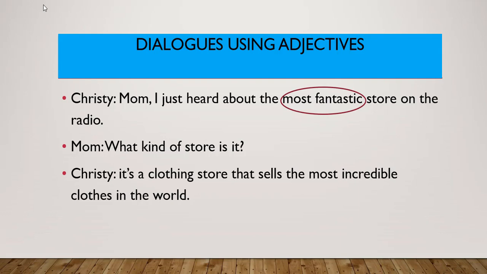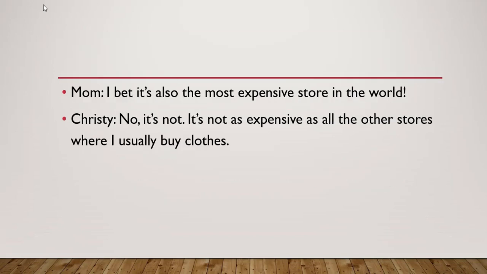Christy says it's a clothing store that sells the most incredible clothes in the world. So the adjective in the third line is most incredible. Okay, now let's go to the next dialogue.